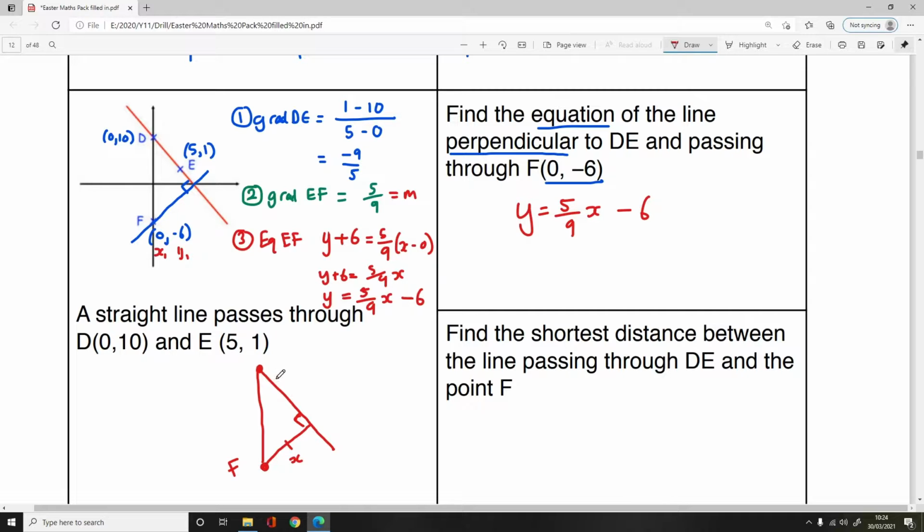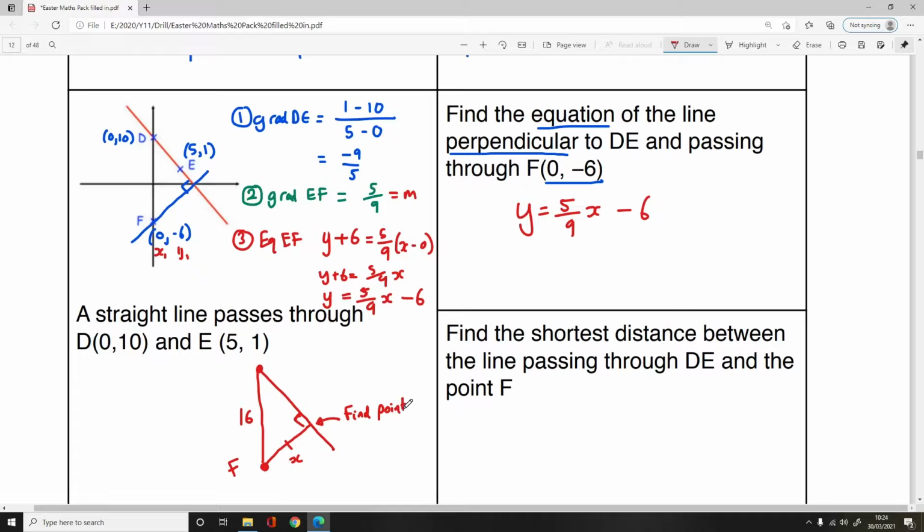I don't know a lot of things. I think what we have to do is find the point where the things cross, because then we can do something with Pythagoras. For starters, I can say that this distance is 16, because it's the difference between minus 6 and 10. Okay, so we want to find this.